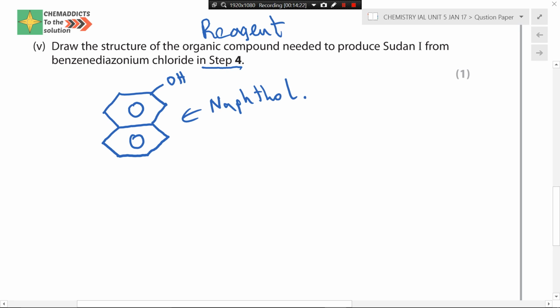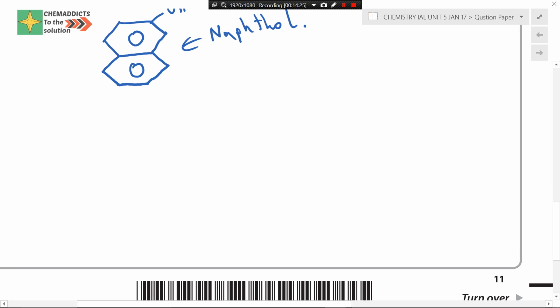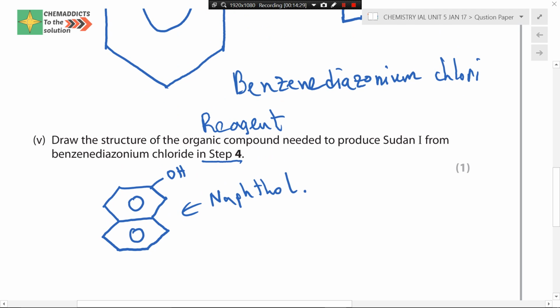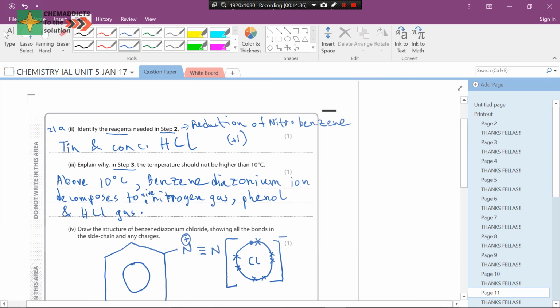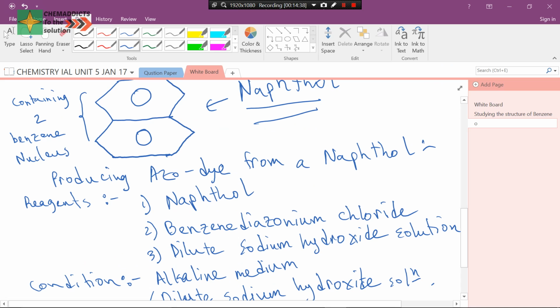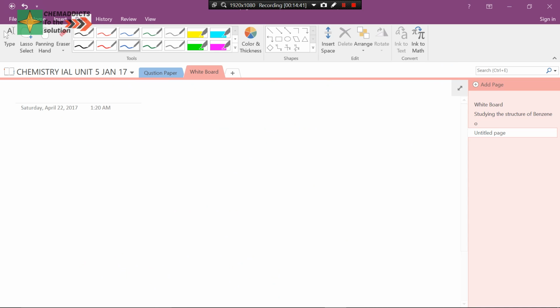Okay, so now let's talk about the mechanism of this reaction. Since the total mark for this question is 1, the mechanism is not required, but still we're going to discuss it. So the mechanism would work like this.